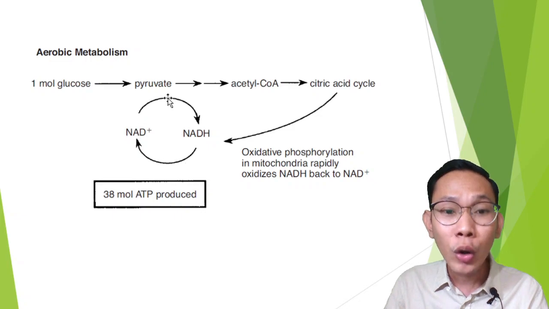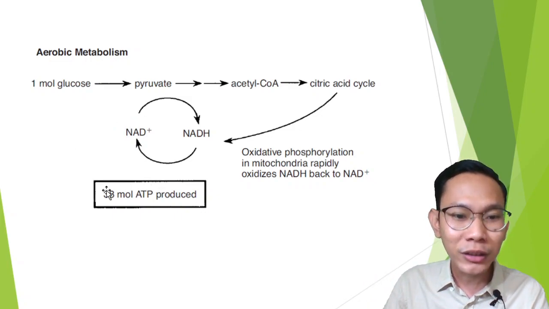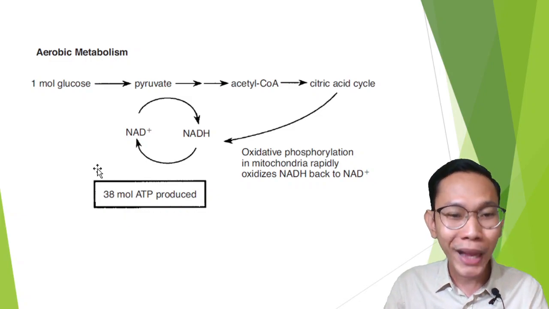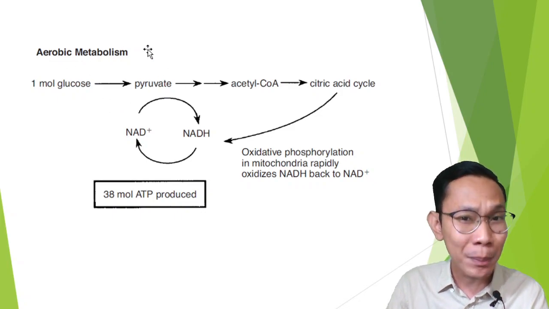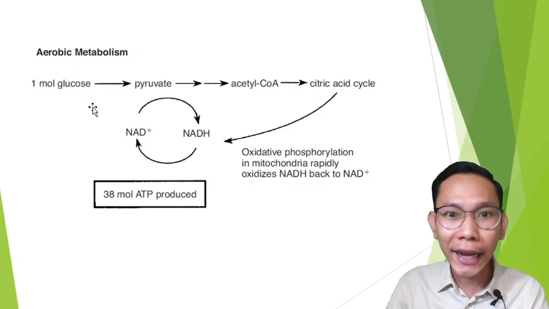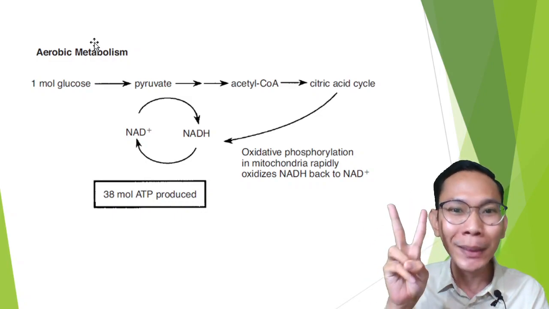This formation will yield the formation of your energy, and this is one way of generating a sufficient amount of energy. So, nagkakaroon tayo ng a total of 38 moles of ATP produced. Unlike in your glycolysis lang dito, ilang ATPs lang ang na-produce? 4 ATP. Pero sa 4 ATP na yan, may dalawa pa tayong utang.